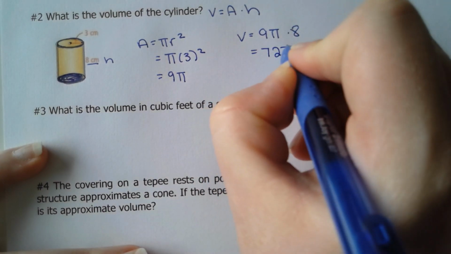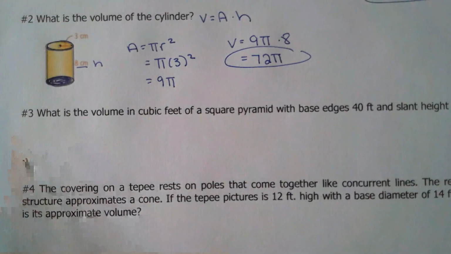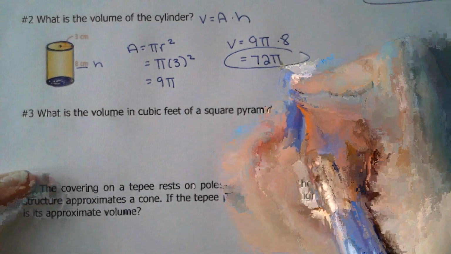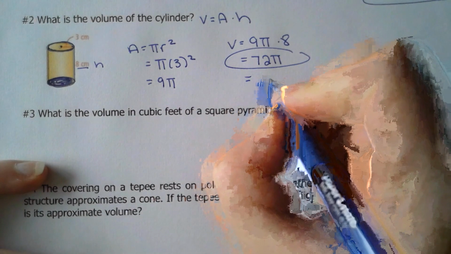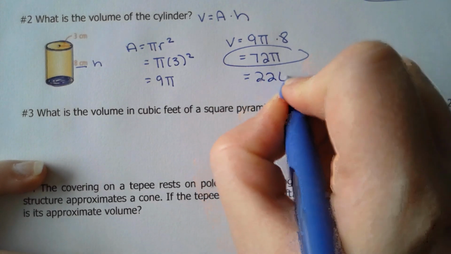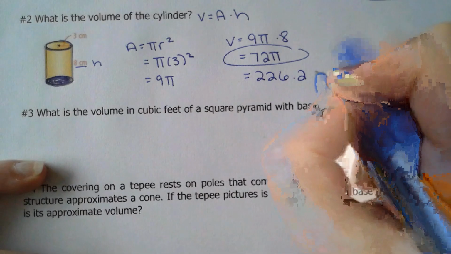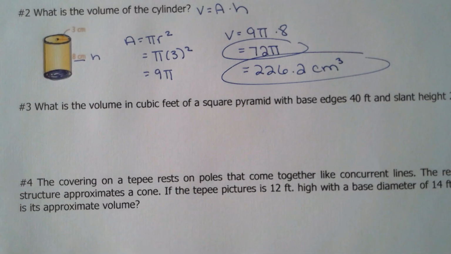That's 72 pi. However, if you would like to turn this into decimals, if the question asks for decimals, what number do we use for pi? We use 3.14. So that's going to be 226.2 cubic centimeters. So either of those answers I'm good with.